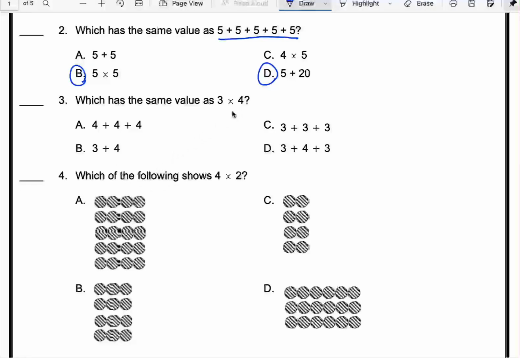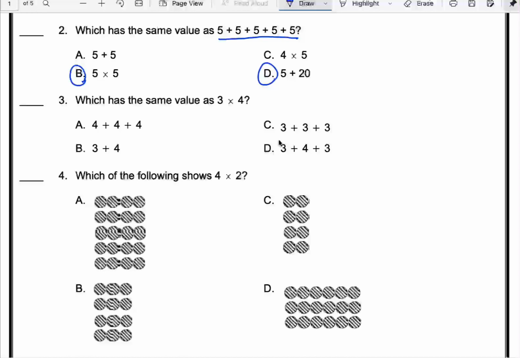So can you say this as repeated addition? Write it as repeated addition. You can repeat 3 4 times, and you can repeat 4 3 times. Okay, Hassan, in which one of these do we have 3 repeated 4 times or 4 repeated 3 times?